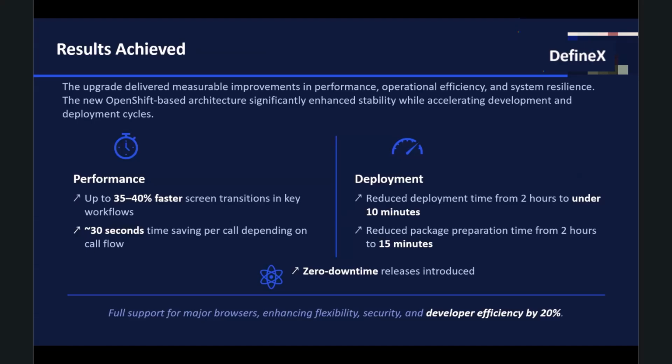So we also resolved all those technical restrictions or limitations, and we achieved 35 to 40% improvement in screen transitions and 30 seconds of time saving for call handling, which creates an incredible business outcome for the client.